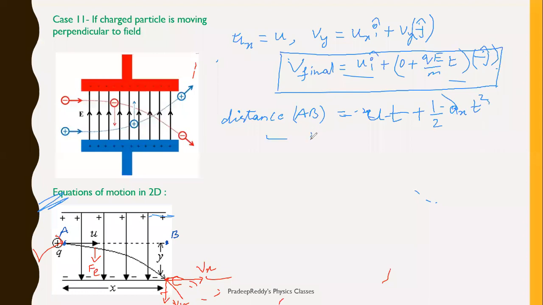But what is the acceleration along the x-axis? It is equal to 0. So therefore, you can simply take AB is equal to u into t, and this is along the x-axis.